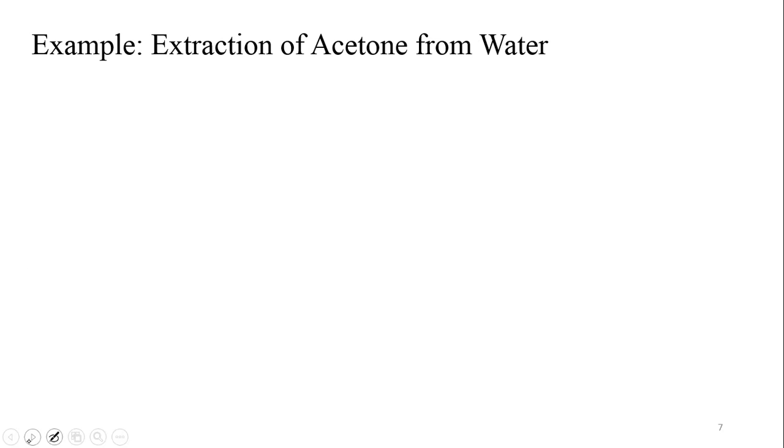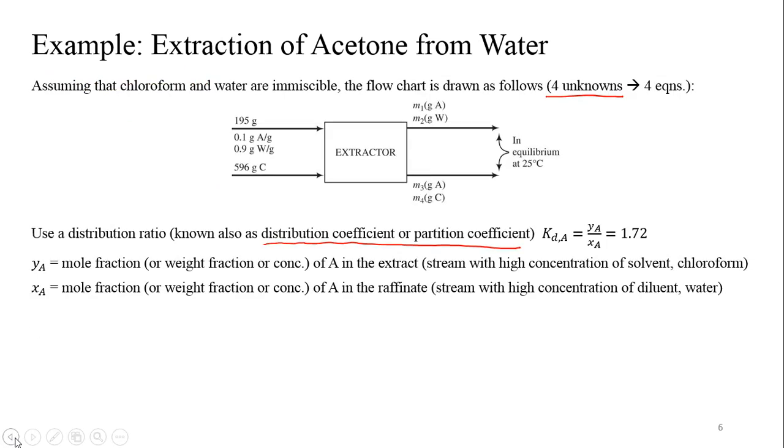So let's go do all those for the problem. So essentially we end up with, let's say, 3 mass balances. We could do one on the chloroform. And that's pretty simple, right? Because if we go back and look at our flow chart, the chloroform and the water are immiscible, so all the chloroform has to come out in the extract phase, right?